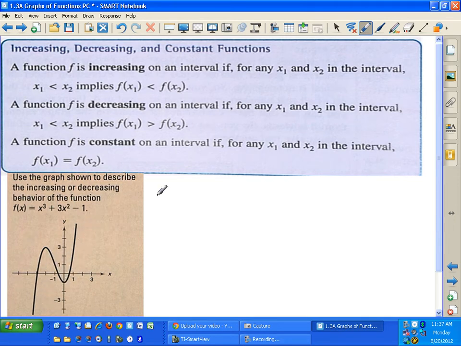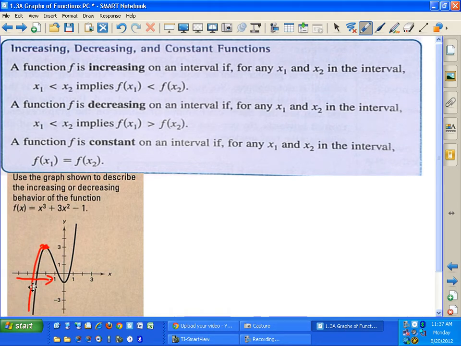If you notice this graph, you always read graphs from left to right, just like you're reading a sentence. So as my x values are moving from left to right, you can see that up to this point right here, we're increasing.